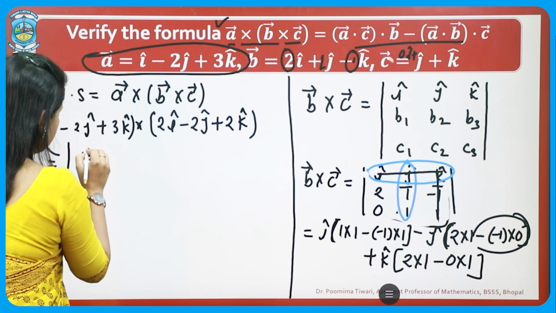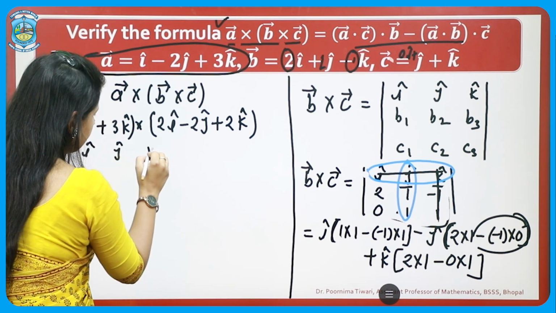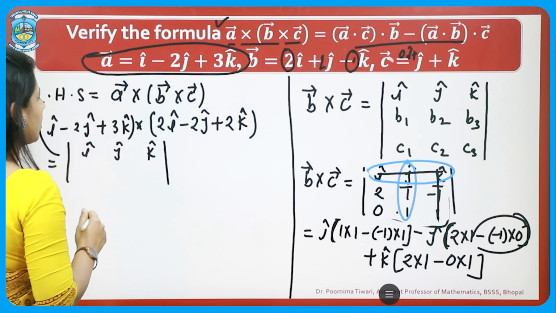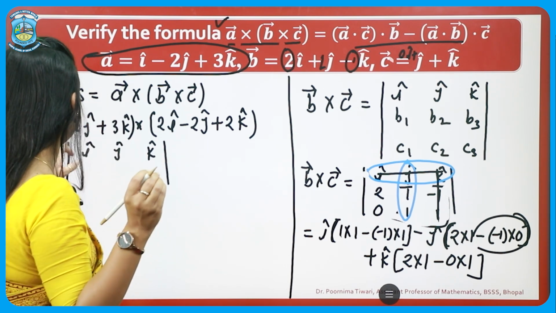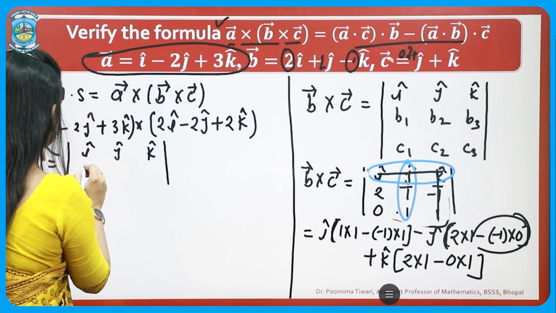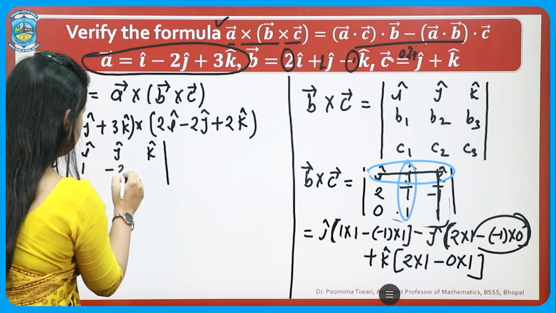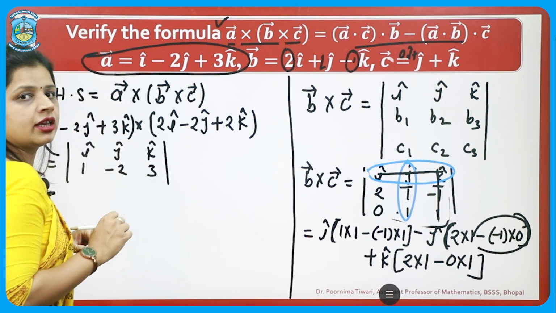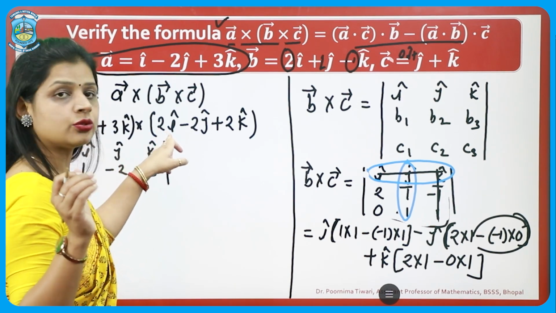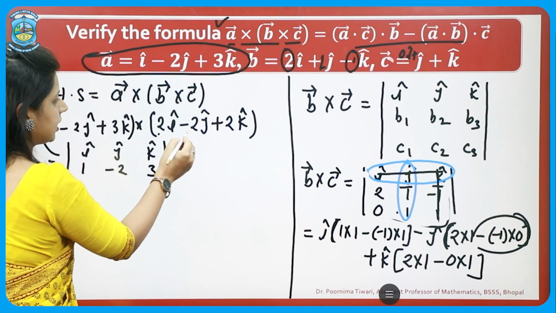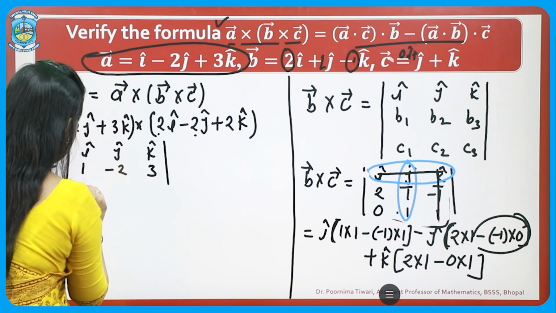This would be i cap, j cap, k cap. The first row corresponds to the components of the first vector, that is 1, minus 2, 3. The second row corresponds to the components of the second vector, that is 2, minus 2 and 2.